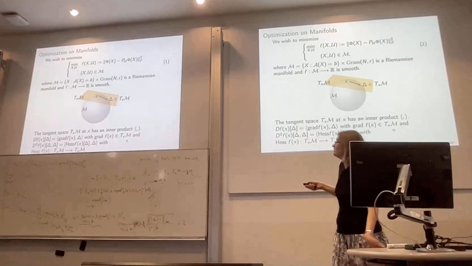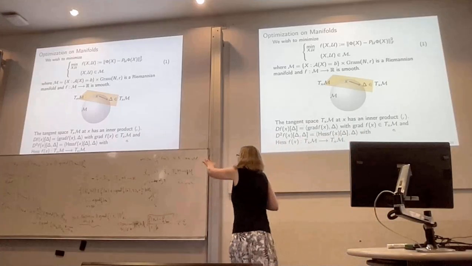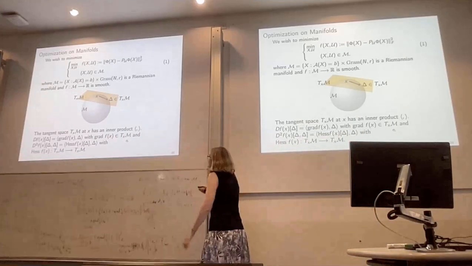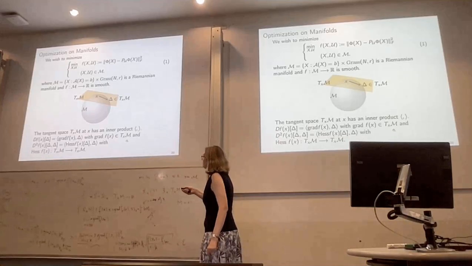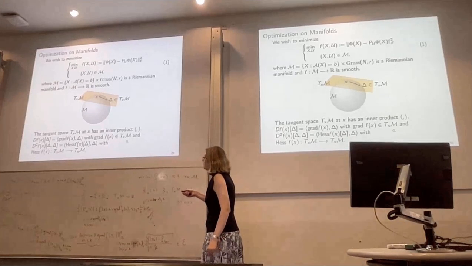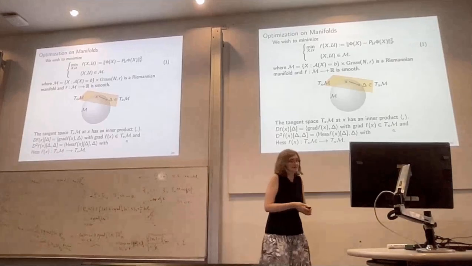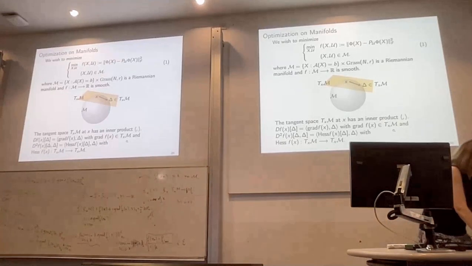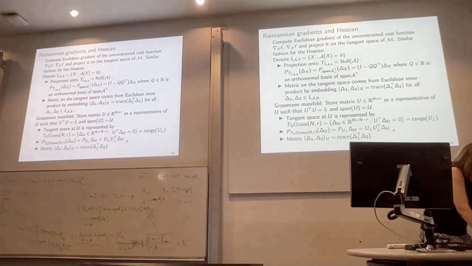This is more trivial than the other. I also can do second order. So instead of having just the Riemannian gradient like before, I will have a Riemannian Hessian, also defined through directional derivatives. I don't want to bother you with all the details.